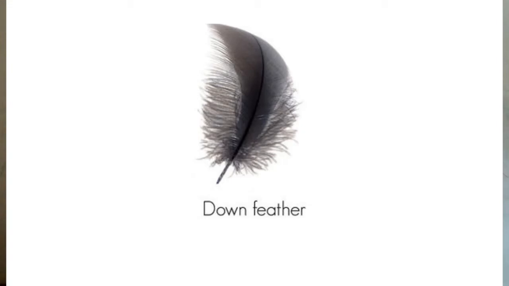They keep the bird's body warm. Newborn birds have a lot of down feathers. When you see any small baby birds, their body is fully covered with down feathers only, because they are very close to the skin. Understood what I said? So these feathers help to keep the bird's body warm.